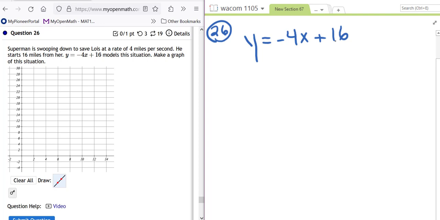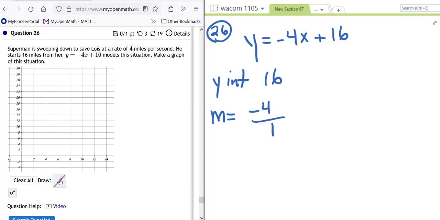The tricky little piece on this graph is your scale. So you have to watch these scales. They are different than normal. They're not 1 and 1. So we will graph it with our y-intercept is 16. Our slope is negative 4, and we will make it a fraction. So plot your y-intercept first. So do your line tool.